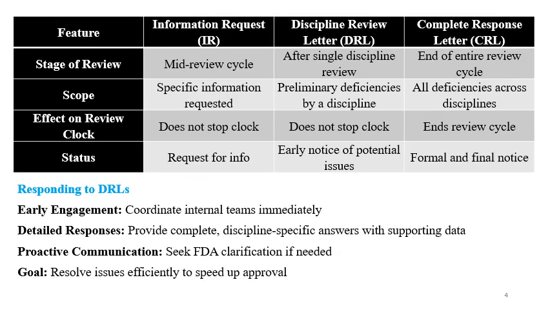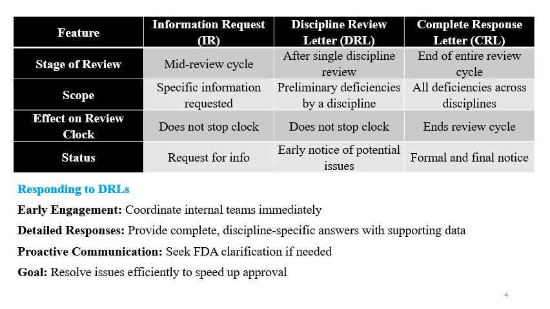Here I have made a table to help you understand the three letters. First is information request, IR: it is mid review cycle. DRL is after a single discipline review, and CRL is the end of the entire review cycle.